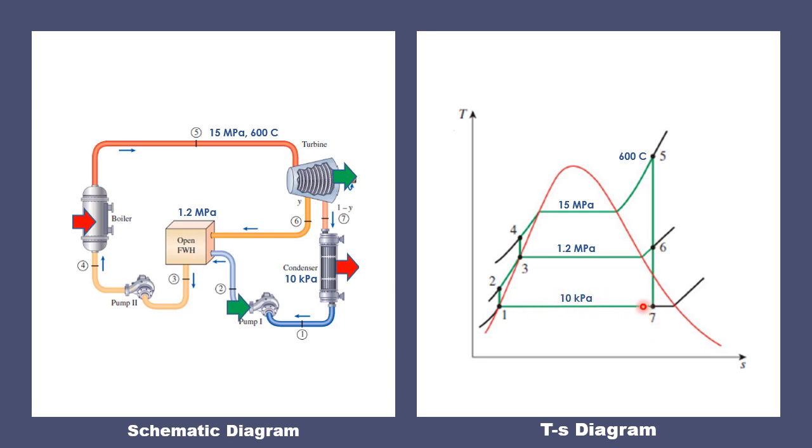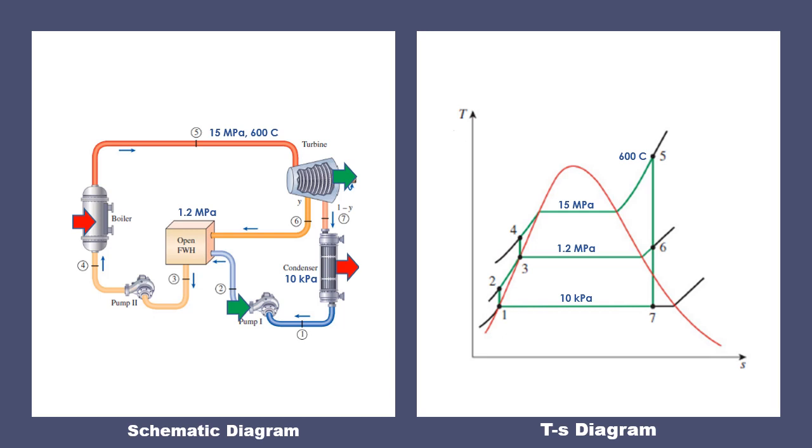At the condenser, it will reject heat to the atmosphere, and it will go back to its saturated liquid state to complete the entire cycle. So basically, that's how we can draw the schematic diagram and the TS diagram if we have an open feed water heater.